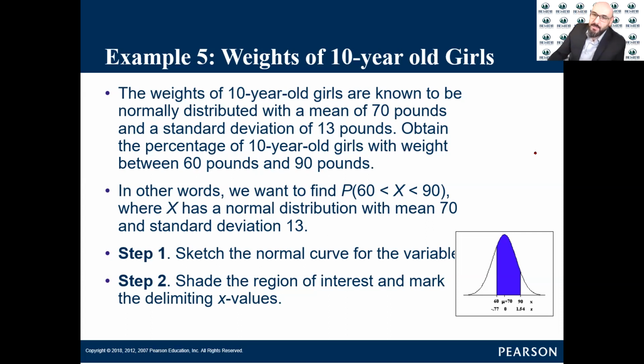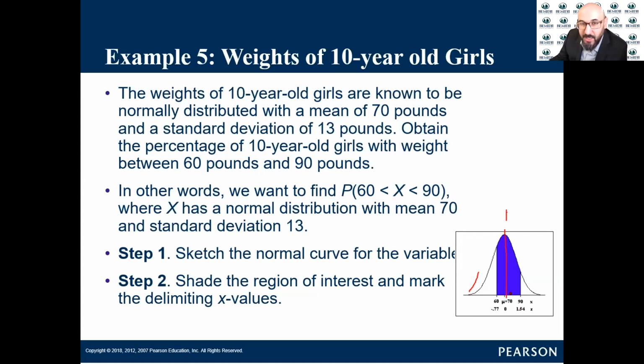All right, awesome. The first thing you want to do is draw a sketch, a normal curve. We have the normal curve right here, and the middle line here is the mean, which is 70 as given.